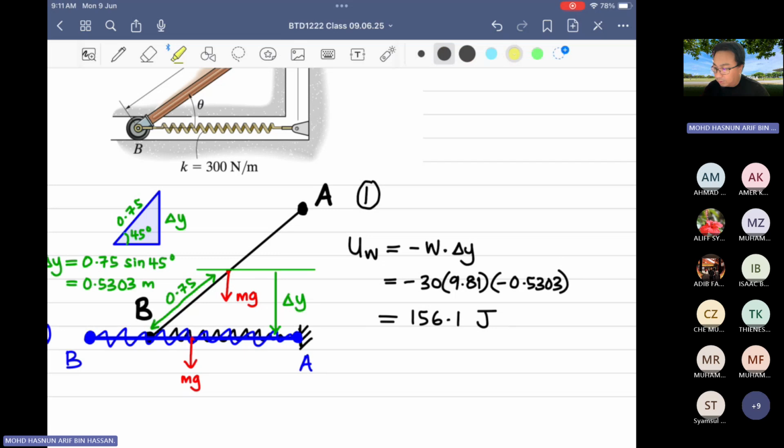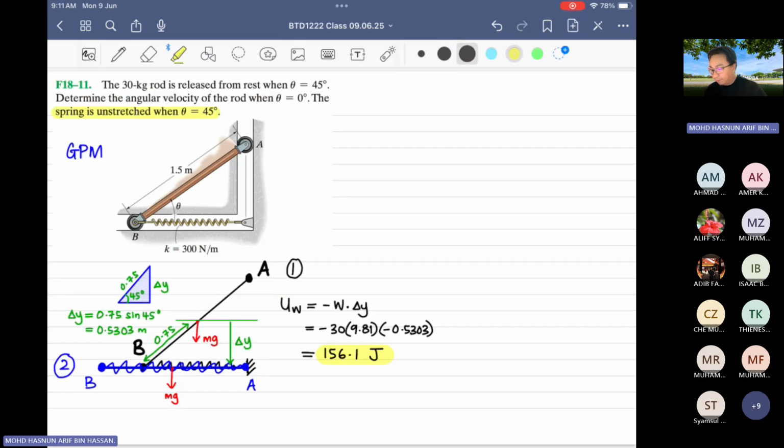Okay, so this is the value of UW. All right, one part is settled.